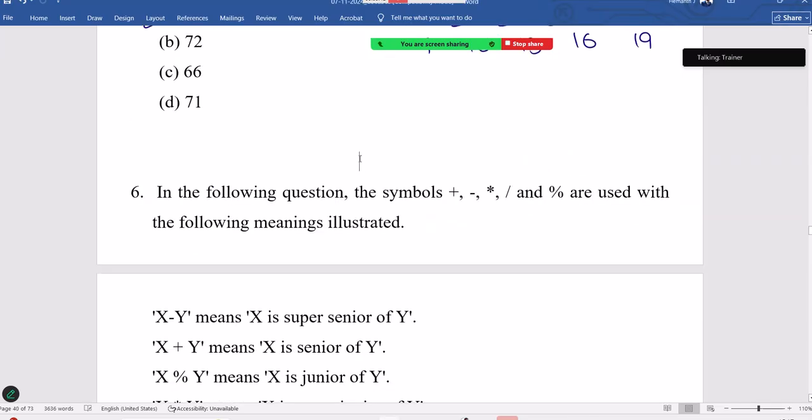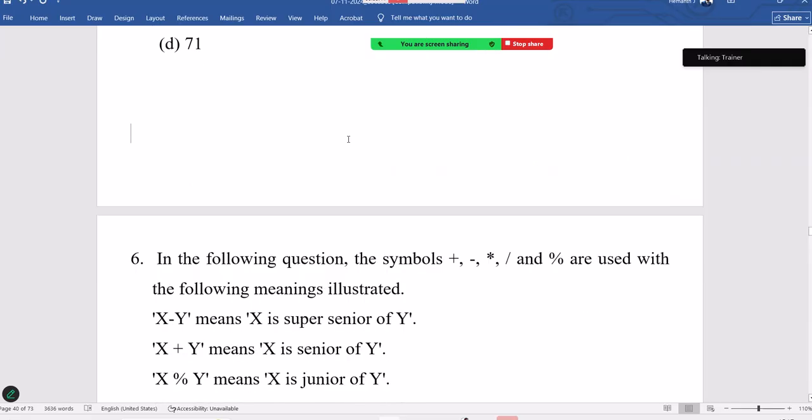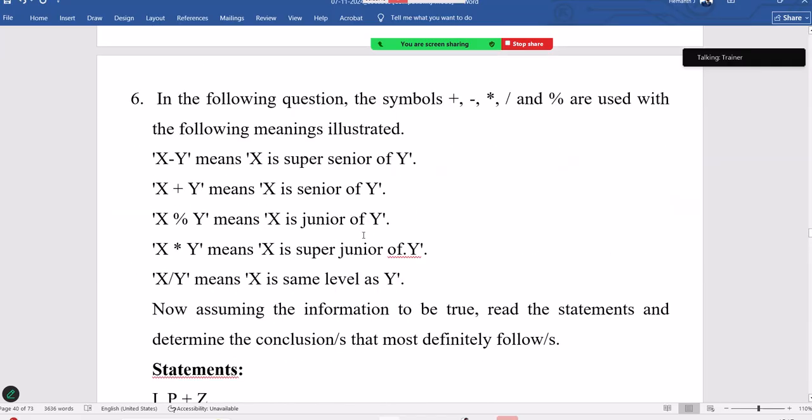Next, sixth one. This is also given in the exam. Some of you maybe did not attempt this question at that time, but please focus now.